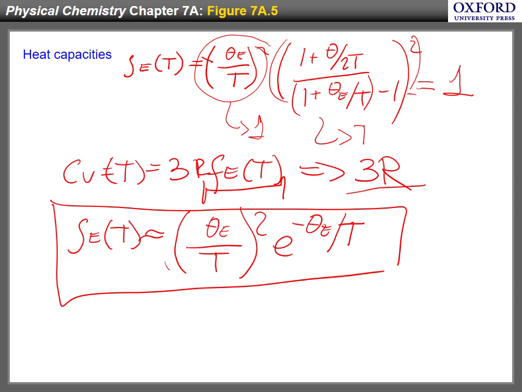I will send you a synopsis of all of the important equations that are going to be important in exams, in the final, and in the quizzes.